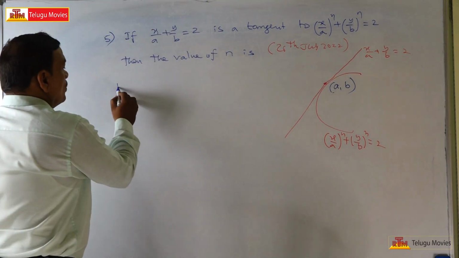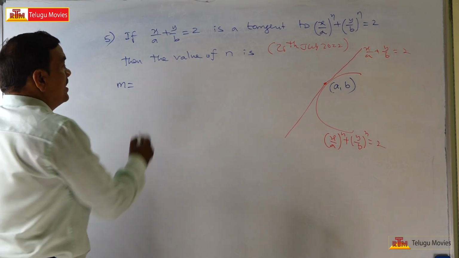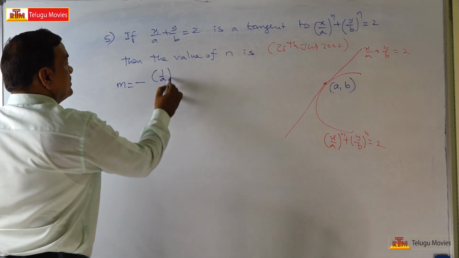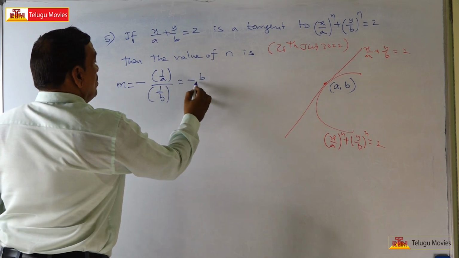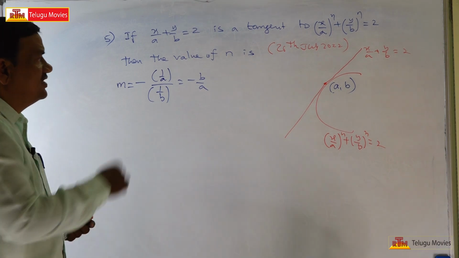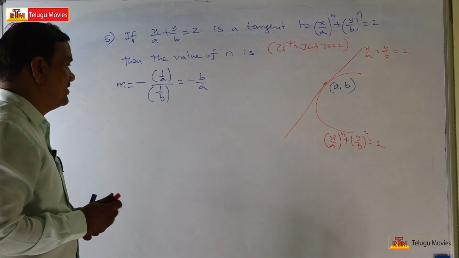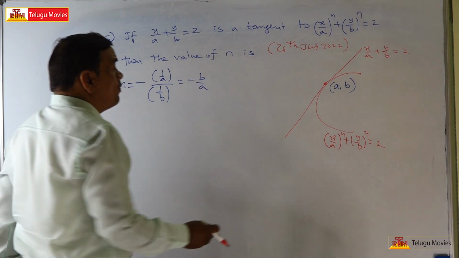Now, what will be the slope of this line? m is equal to minus the x coefficient by the y coefficient, which is minus (1/a) by (1/b), so this is equal to minus b by a. That is the slope of the given line. Now, what will be the slope of the tangent?